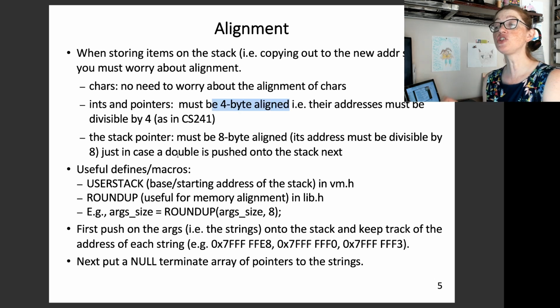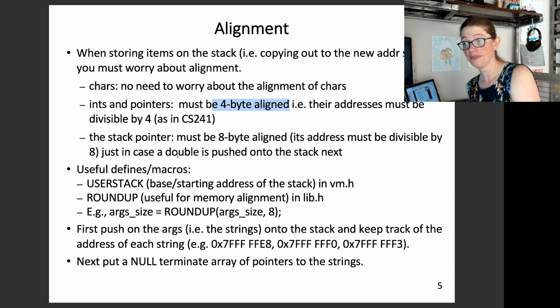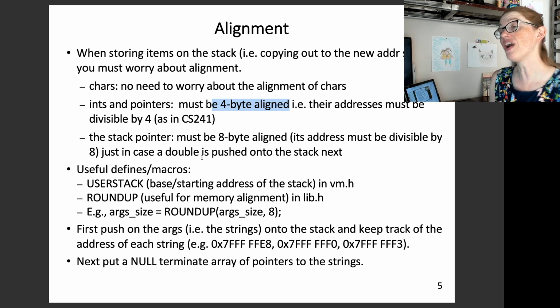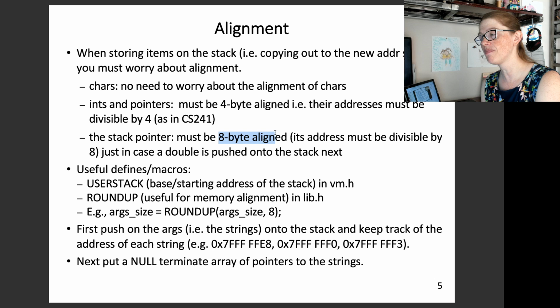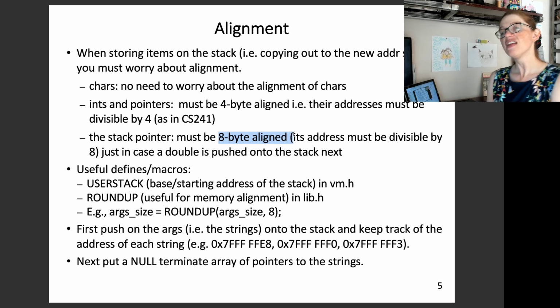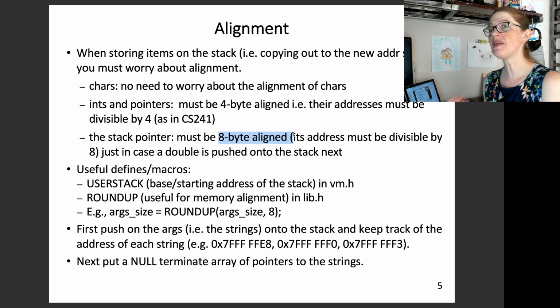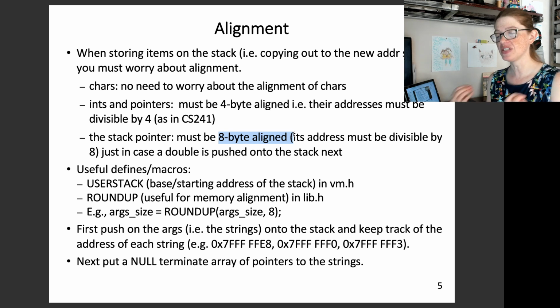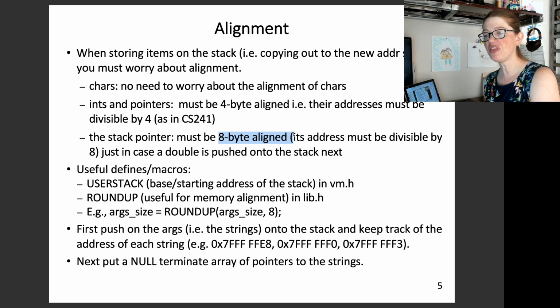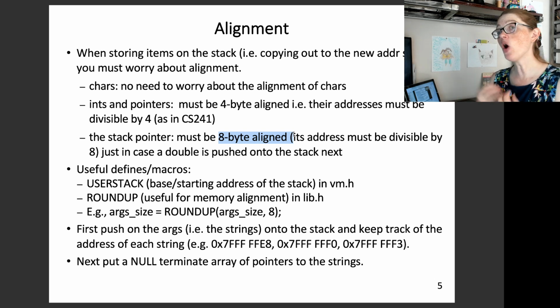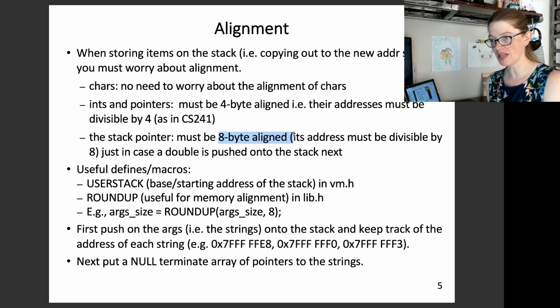A pointer to a pointer, or an integer or a double or a Boolean, has to live at an address divisible by 8. These are expectations that programs have to say, where can I find my arguments on the stack? This is an agreement when the compiler was developed of where are we going to put the arguments and where can the program we are opening expect to find those arguments.